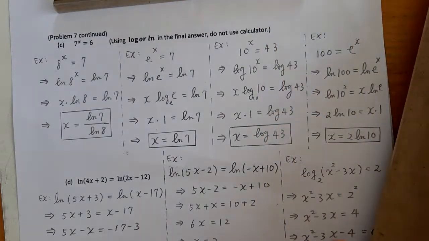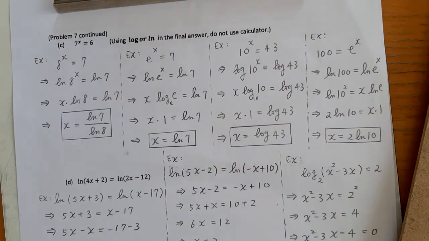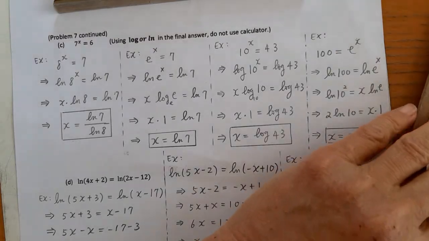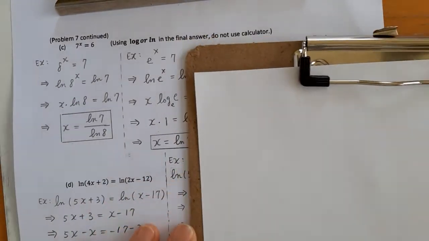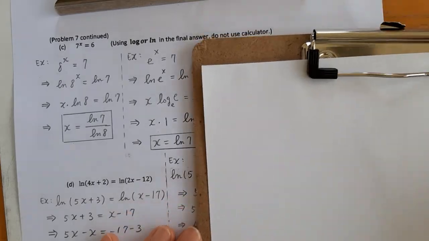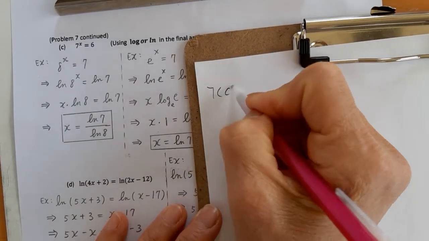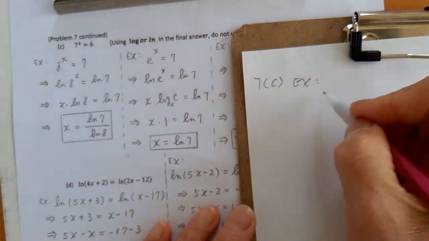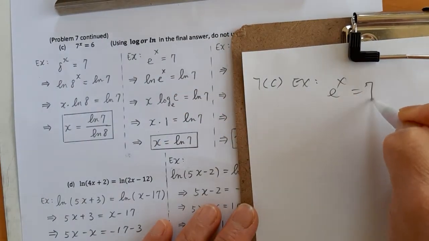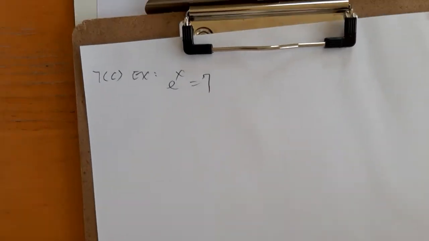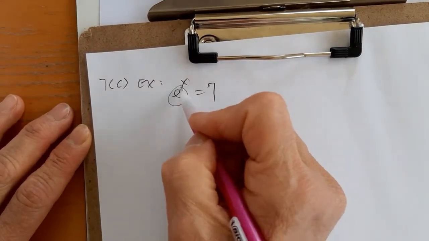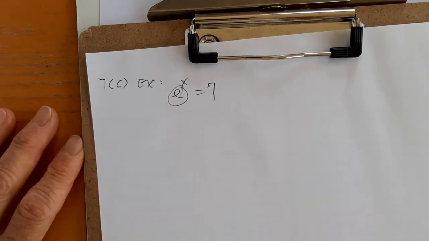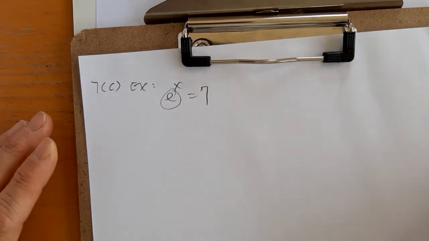And another second example, this is still 7C. e to the power x equals 7. Since we solve for x, and the base is e, you use natural logarithm.